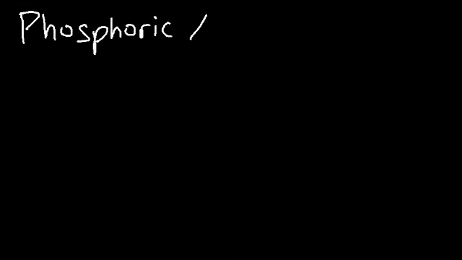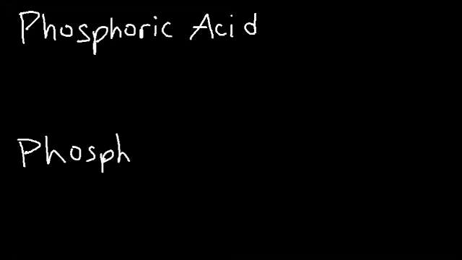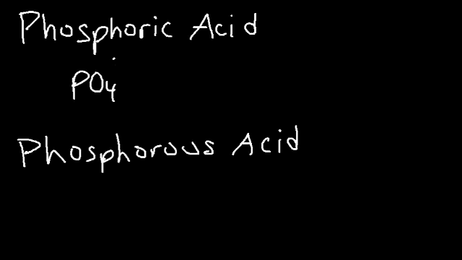So let's try some more examples. Write the formula for phosphoric acid and phosphorus acid. So phosphoric acid comes from the polyatomic ion phosphate, and so that is PO4 3-.